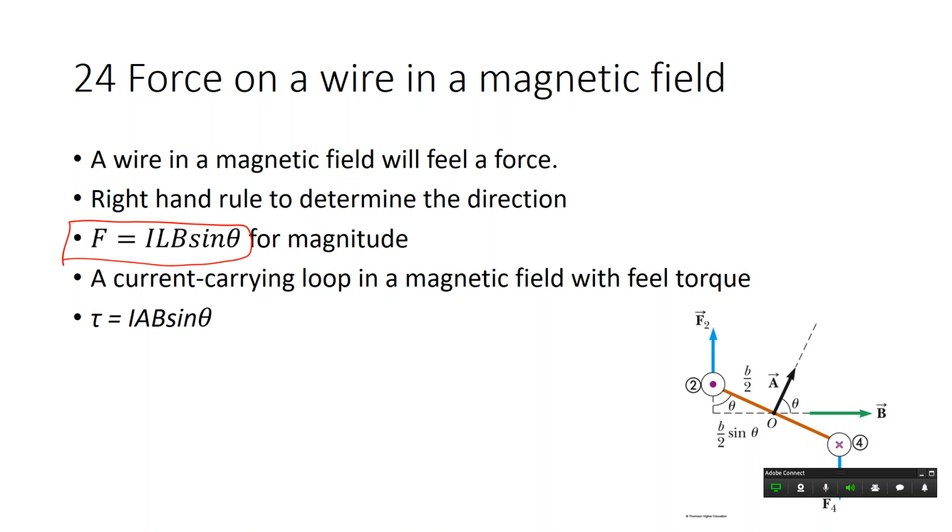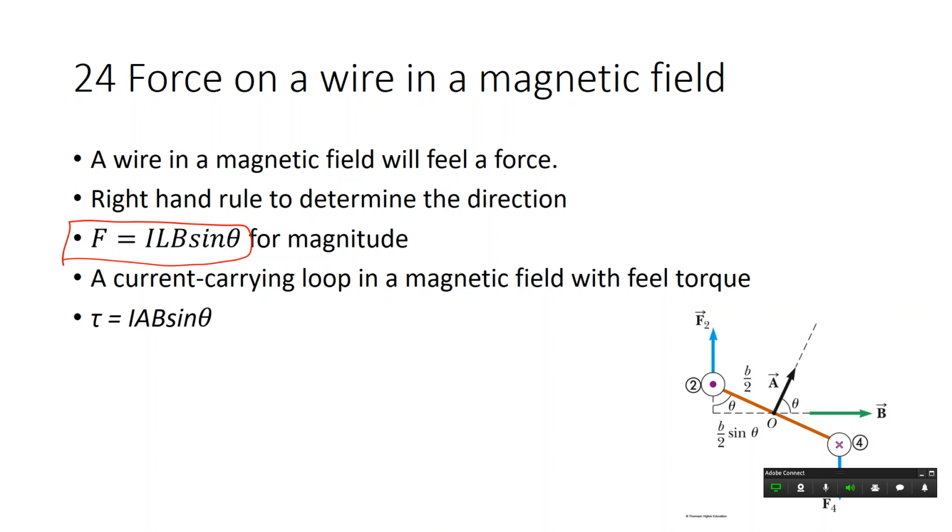If you have two wires next to each other, well, we haven't gotten there yet. That's the next slide. So I'll stop there. If a loop exists in a magnetic field, then that loop is going to feel torque and it's going to make it spin. And we said that that's what a regular DC motor is. You need this device called a commutator if you want this loop to continue turning forever and ever.